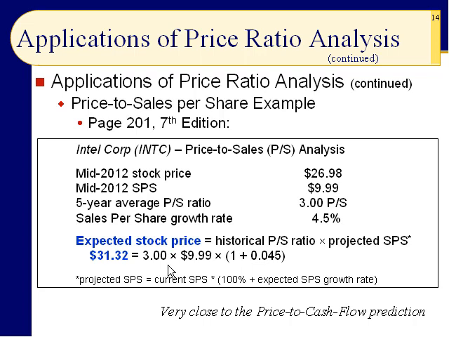So we take the 3.00 5-year average times the $9.99 current sales per share, multiply that times 1 plus the growth rate, 1.045, because we believe the growth rate is 4.5%, and we get $31.32, which is actually close to the price to cash flow projection, the previous slide.